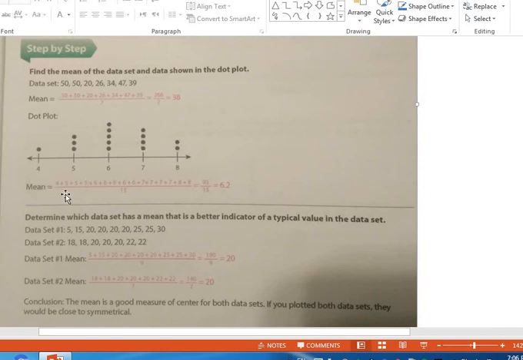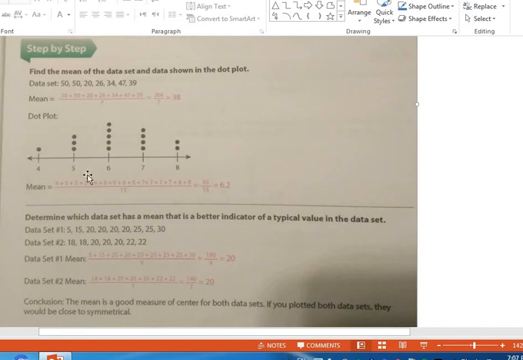So for the mean, I want to write it myself. I have 4 just one time, 5 appears 3 times, 6 appears 5 times, then 7 appears 4 times, then 8 appears 2 times. Can I do it now by using the dot plot only? Yes.